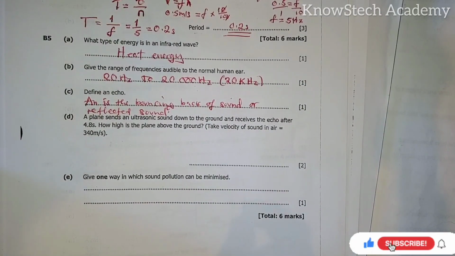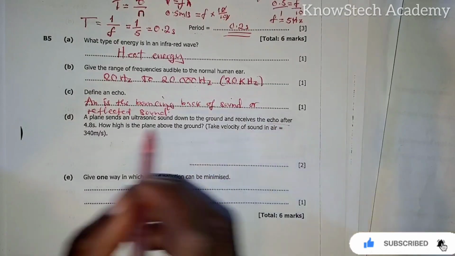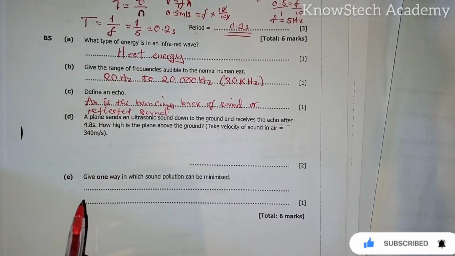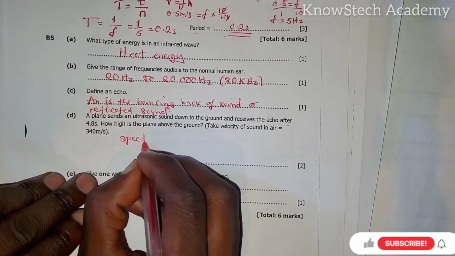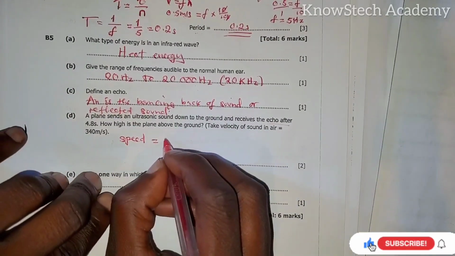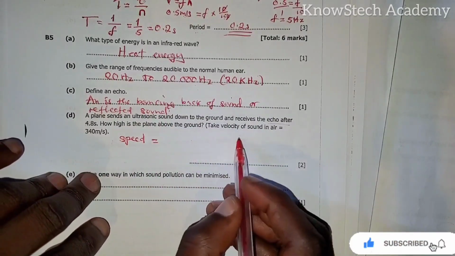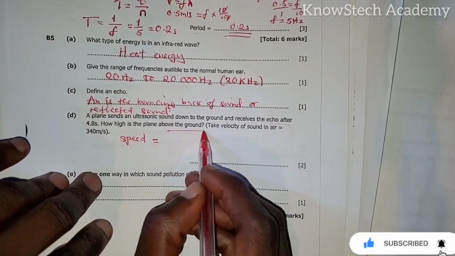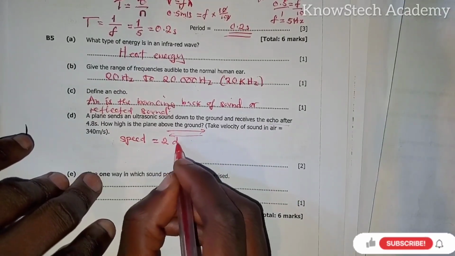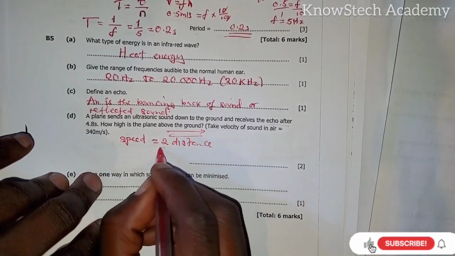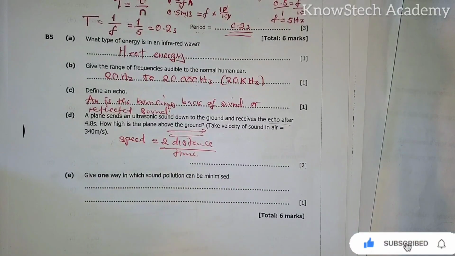So what we're going to do here, since it's an echo, the bouncing back of sound, the formula we're going to use is speed is equal to distance covered, now going to and fro, so it is twice the distance, over time taken.